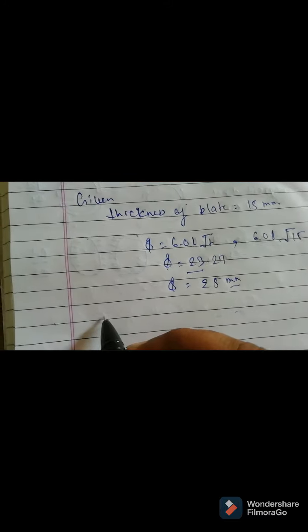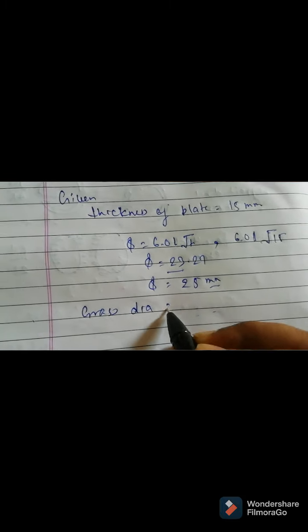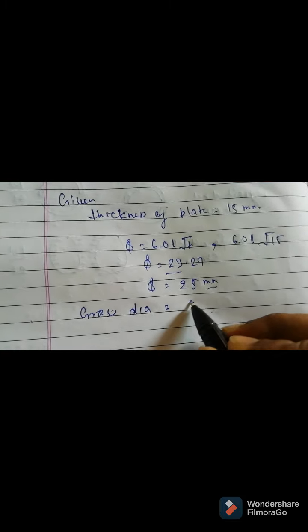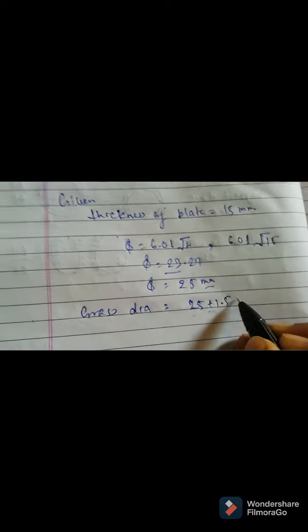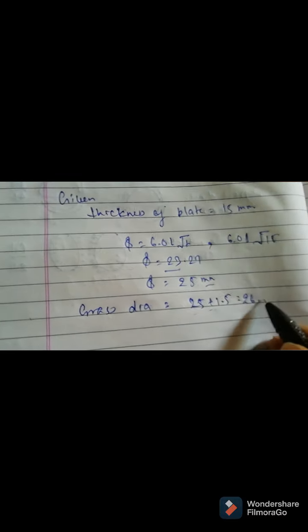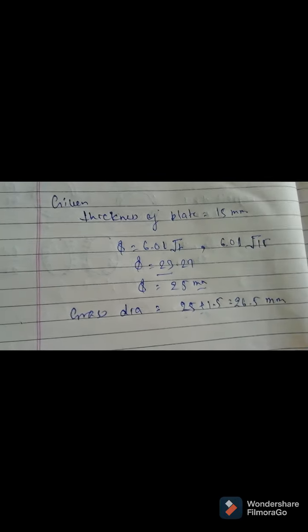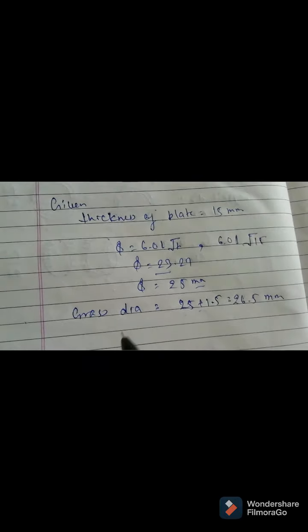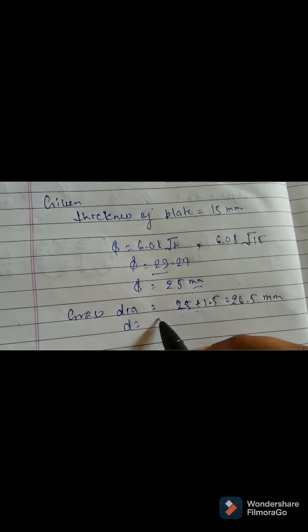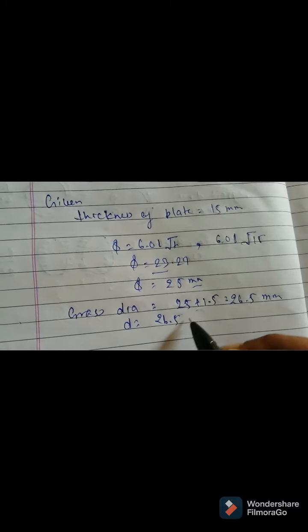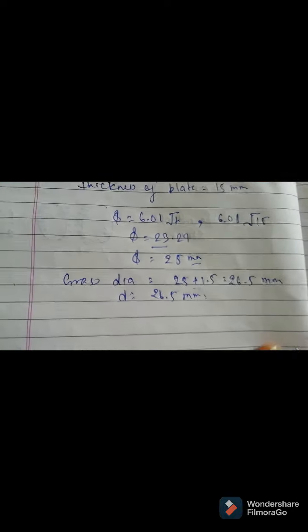So now D, that is the gross diameter, equal to 25 plus 1.5, that is 26.5 mm. So we have D equal to 26.5 mm.